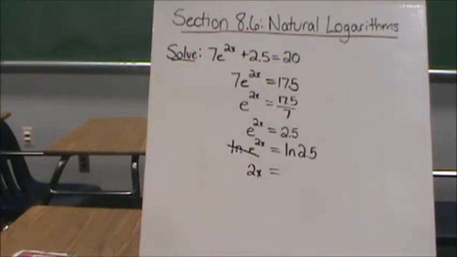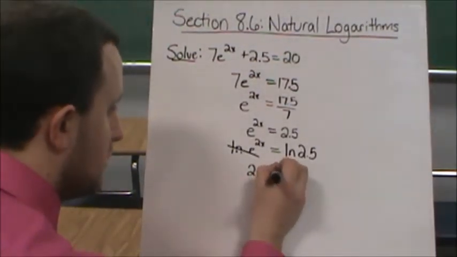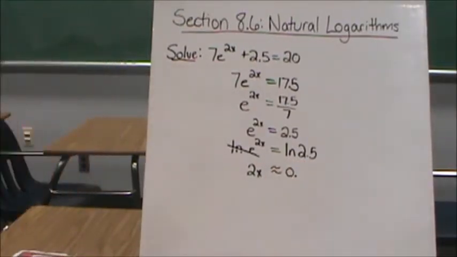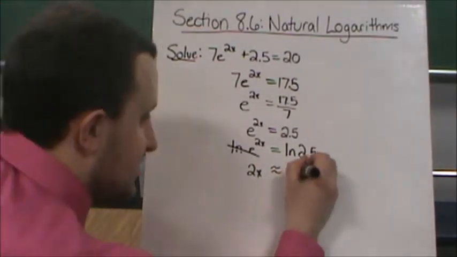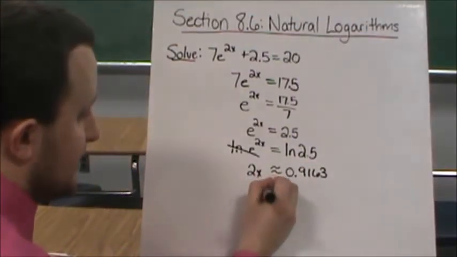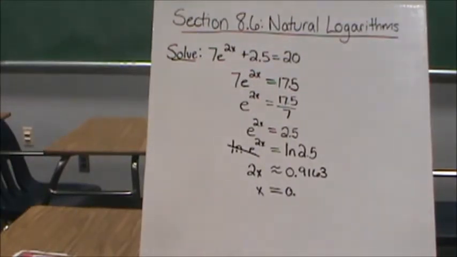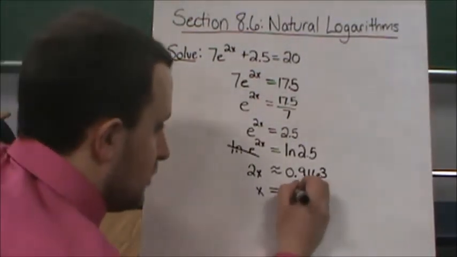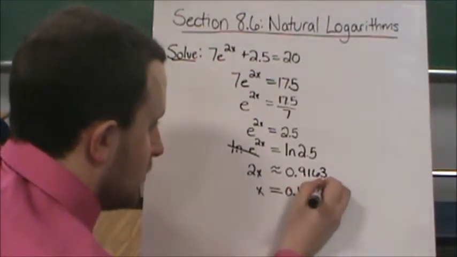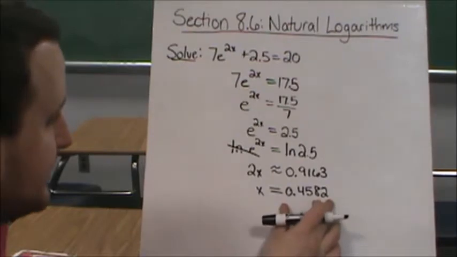Then ln of 2.5 is approximately 0.9163. And then divide both sides by 2. And you get x is about 4.4582. That's an approximate answer rounded to 4 decimal places.